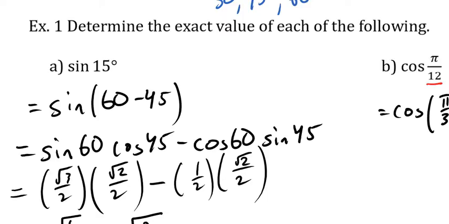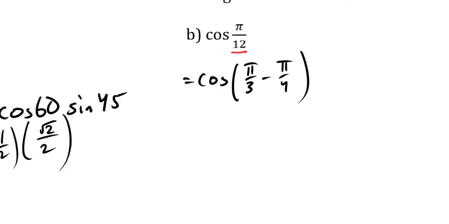If it helps you to convert to degrees and think of it that way to find your angles, by all means go for it. But don't do it in the question. I want to see radians on paper. So do it in your head or on the side.